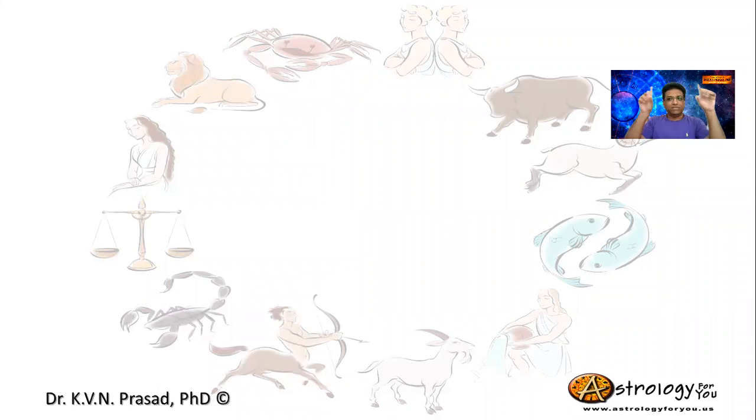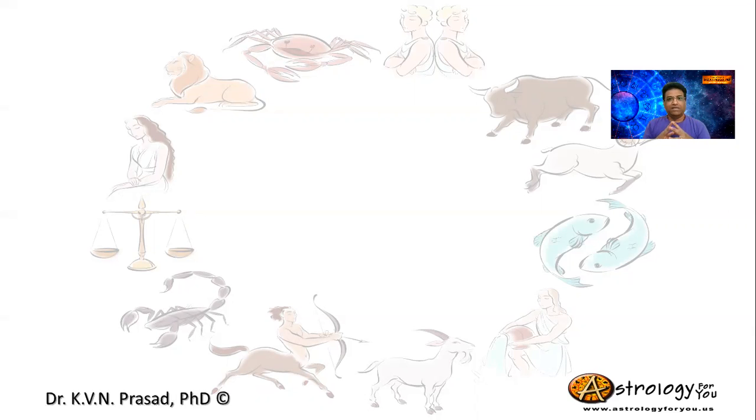This is called the zodiac. Basically, the zodiac is 360 degrees, and you can see in the background on my image that 360 degrees is there, right? That 360 degrees is divided into 12 signs.